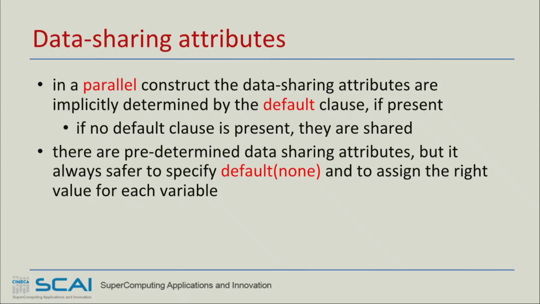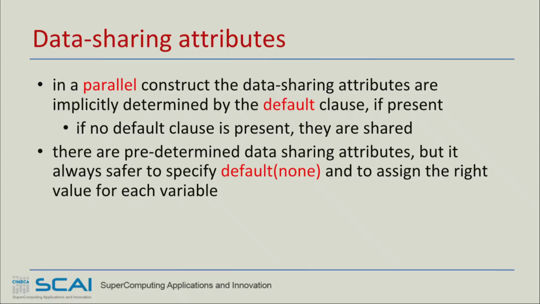Again, the data sharing attributes. So again, the problem is always the same. I need to define what are the shared variables, what are the private variables. The problem is that most of the time, people forget to define these attributes.